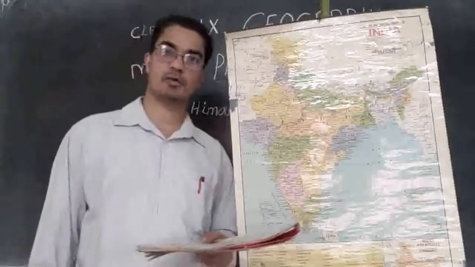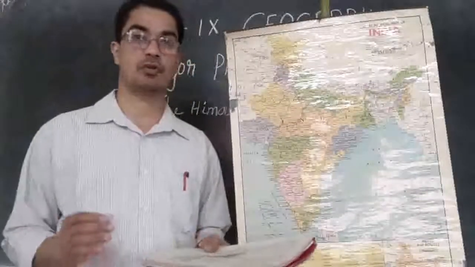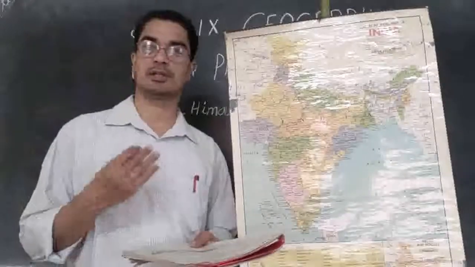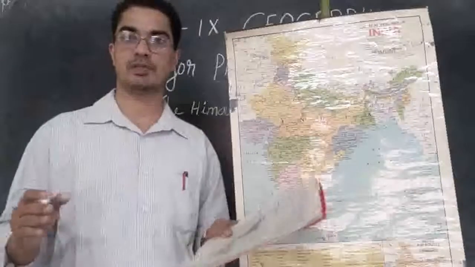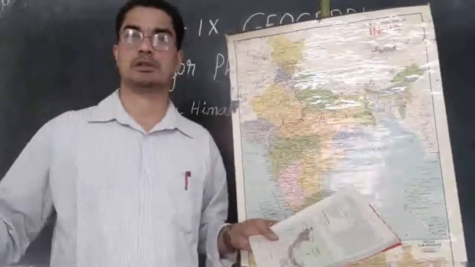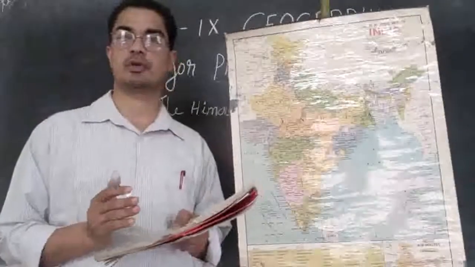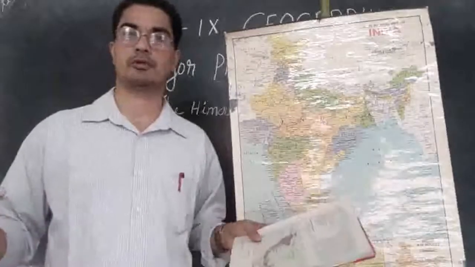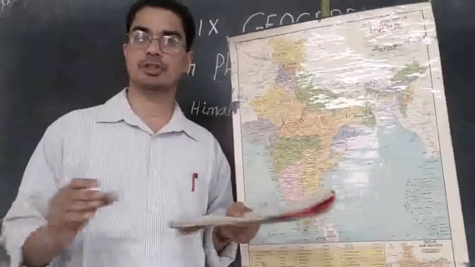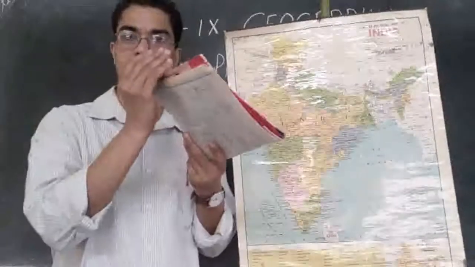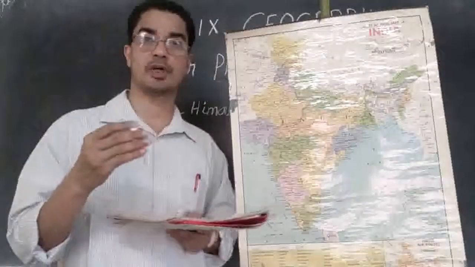And what type of mountain is it? It is folded mountains. We discussed in the other class how these Himalayan mountains were formed. It is because two plates crashed into each other with great force. They moved towards each other, crushed each other, then folded. That is how the mountains were formed.